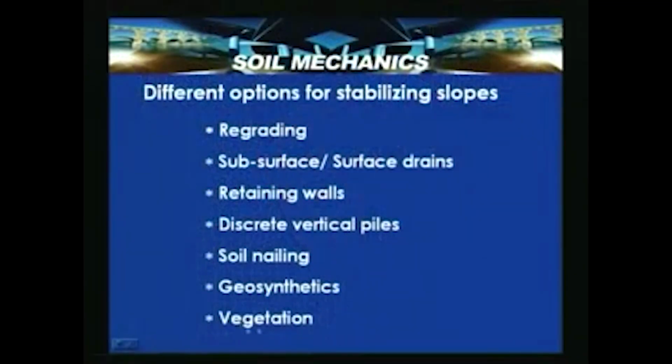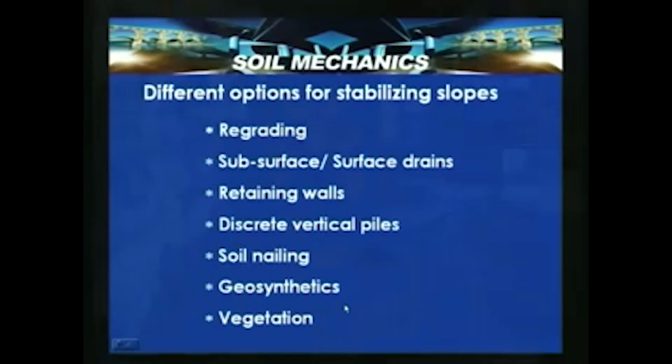Once it is grouted, the extended portion of the rod outside is connected, and through the frictional interaction between the grouted portion and the soil, and due to tension in the nail, it gives a stabilizing effect to the slope. Then another aspect is geosynthetics, and recently vegetation or biotechnical stabilization is gaining momentum.